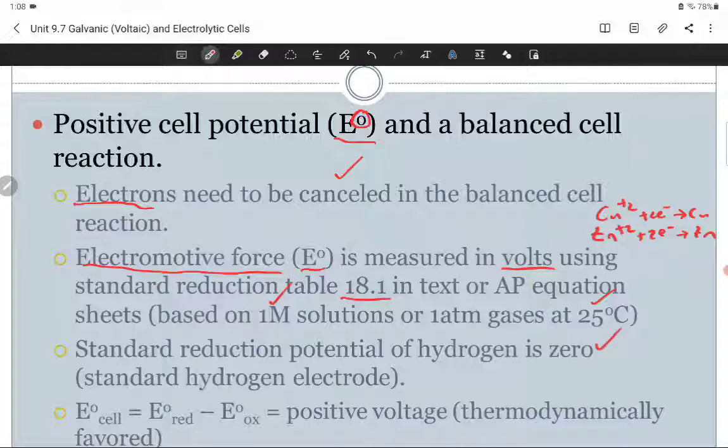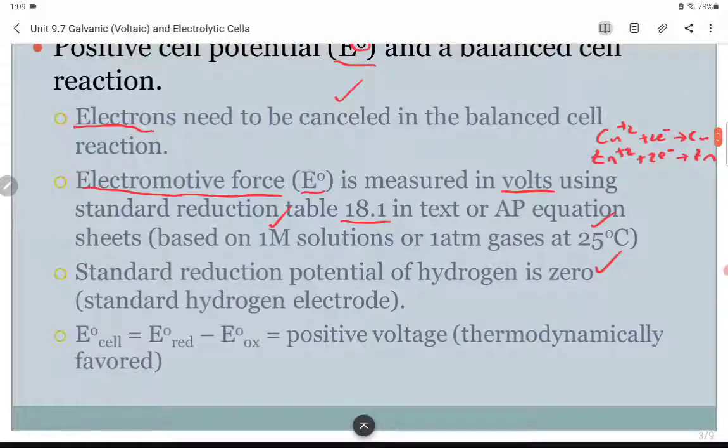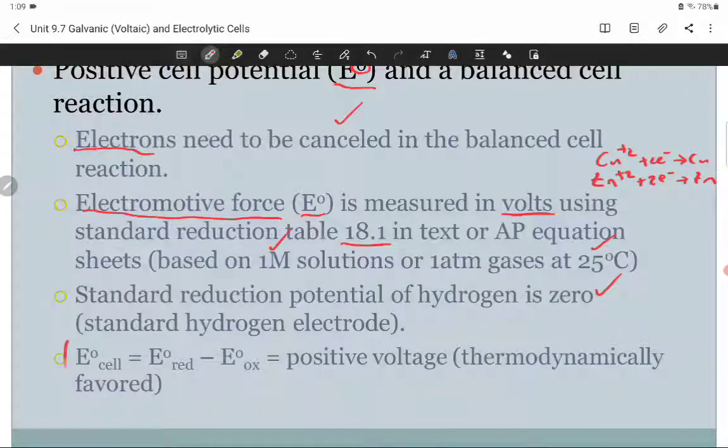Okay, so if it's a better reducer than hydrogen, it'll be values above 0. There's ones below 0, and so forth. I don't think this is provided to you in your equation sheet, but we're going to be using this over and over and over again.